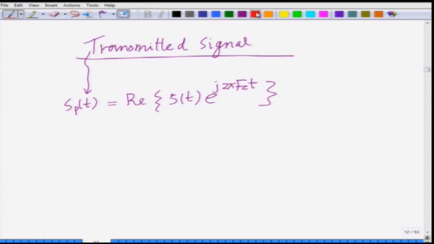So this signal s of t is our complex baseband signal. This is up converted to a carrier frequency Fc, and this is transmitted over the air.